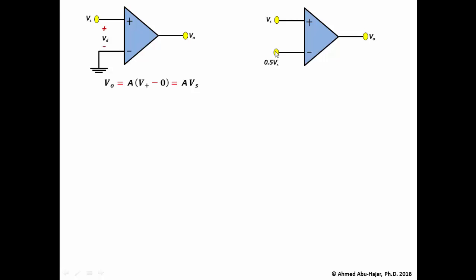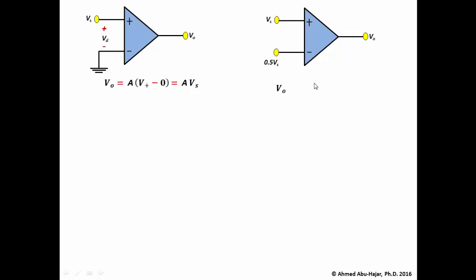Let's say this value is going to be 1/2 times the input voltage Vs. It can be any value, it doesn't matter. We're going to use 1/2 here just to show you the power of the inverting input. And then we're going to have Vs at the non-inverting input, that's my input signal. Now let's find V out.